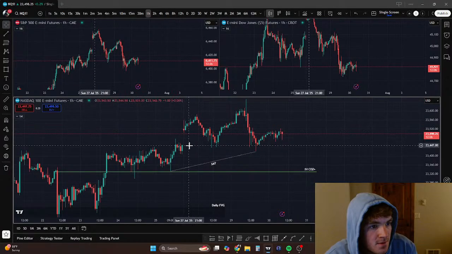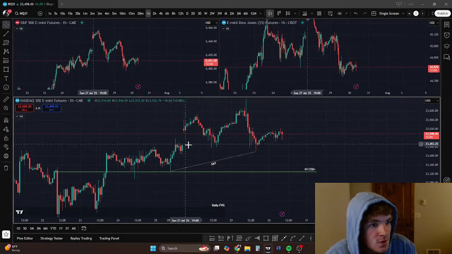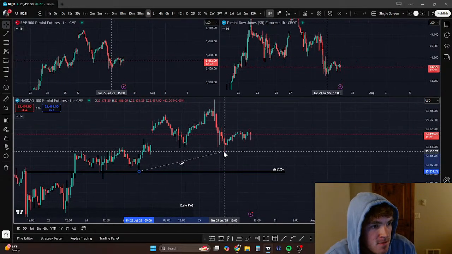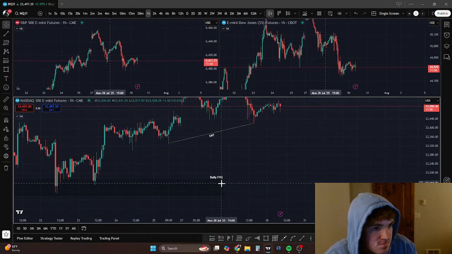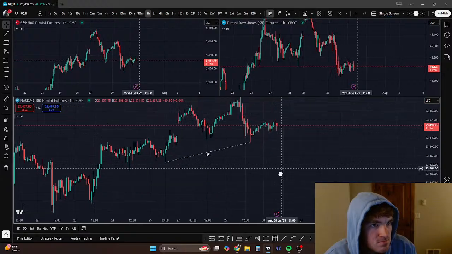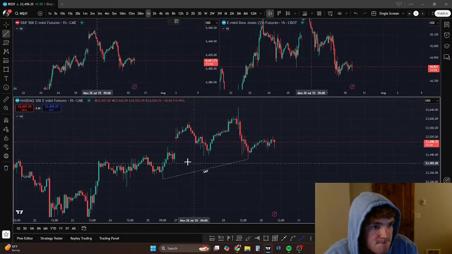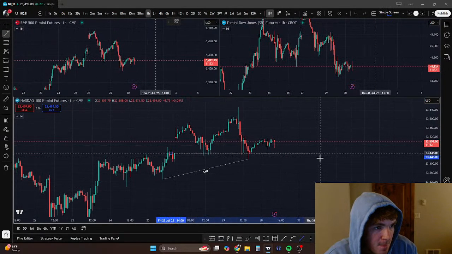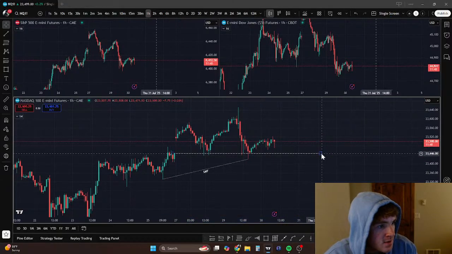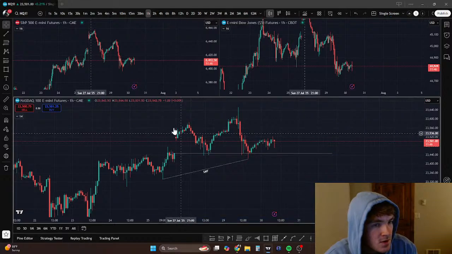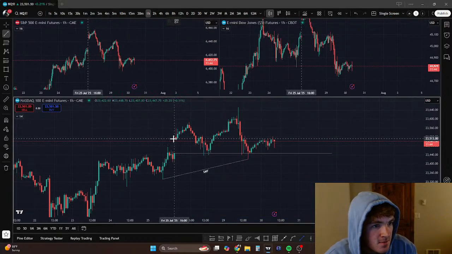Once again, we still have this new week opening gap here. It's going to be interesting to see how we're going to interact with this.